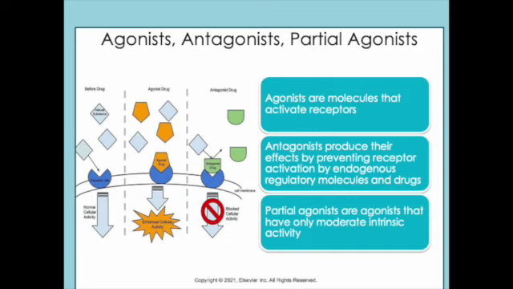Although antagonists don't cause receptor activation, they most certainly can produce a pharmacological effect. And this is how. Antagonists produce their effect by preventing the activation of the receptor by the endogenous regulatory molecules. Let me give you an example with antihistamines.